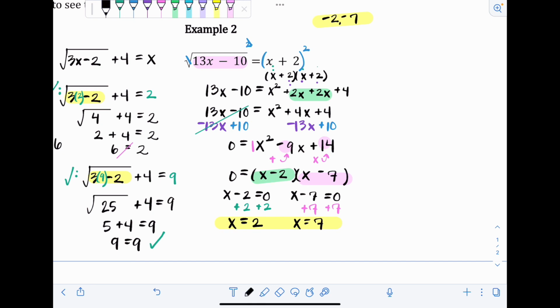So I'm going to rewrite the original equation up here, so the square root of 13x minus 10 is equal to x plus 2. For the first check, I'm going to check x equals 2.